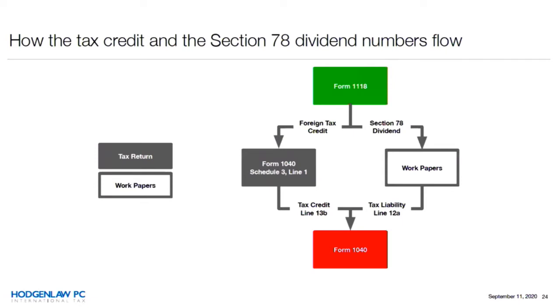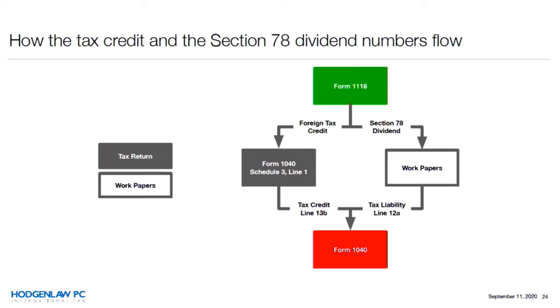In a very simplistic way, here is how you derive the numbers and where they come from and how everything flows onto the Form 1040. Again, we're looking at Form 1118 to calculate all of these things for the results at the corporate level for the controlled foreign corporation. We already went through, you find the foreign tax credit number and you drop it onto Form 1040 Schedule 3, and then it drops onto Form 1040, and that's your tax credit.